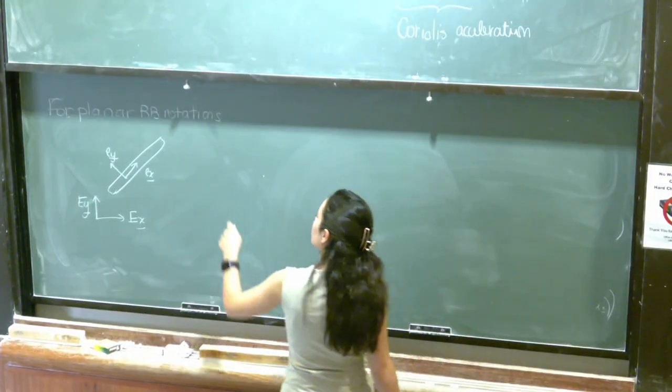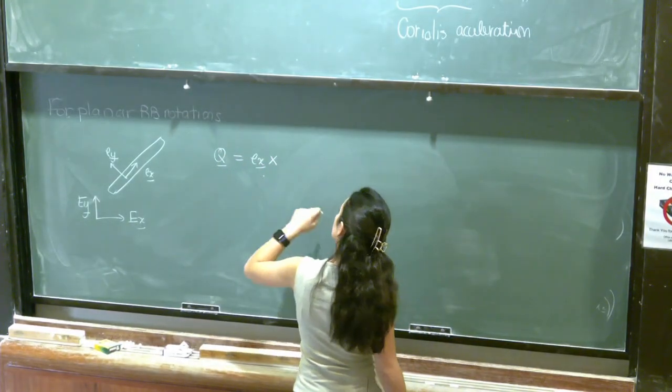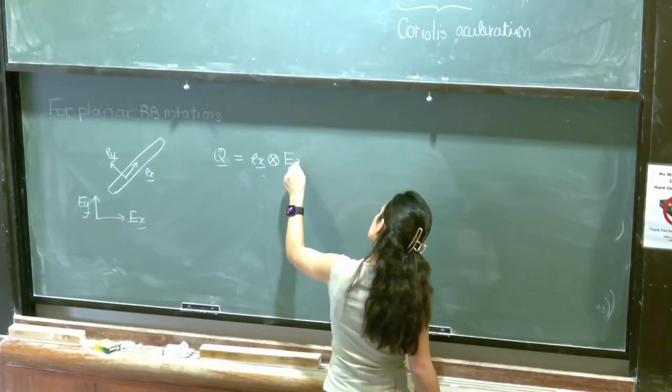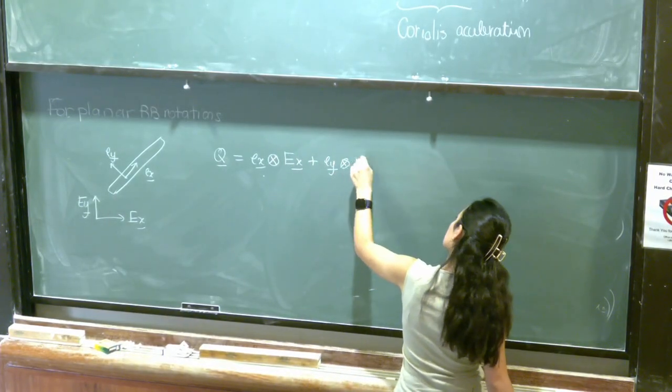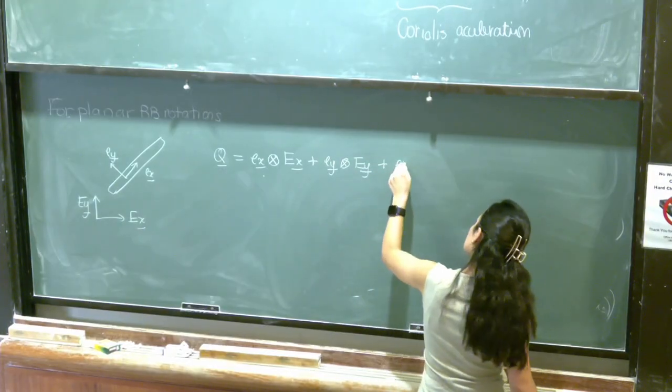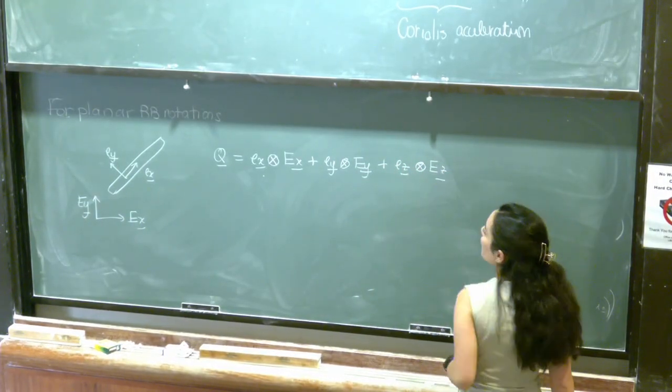If I look at this tensor, what is this tensor?